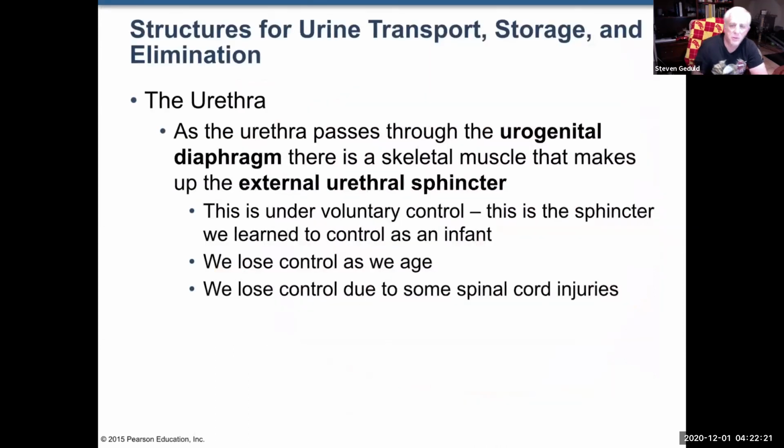As the urethra passes through your urogenital diaphragm, there's a skeletal muscle that makes up the external urethral sphincter. This one is under voluntary control. We control the external urethral sphincter. We do not control the internal. We learn to control that as an infant. You lose control as you age, and you lose control due to some spinal cord injuries.